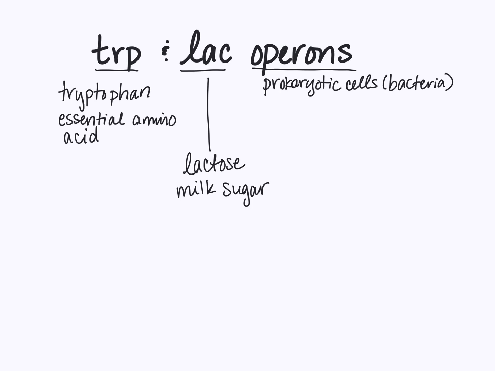One reason why we are focusing on these two particular examples of operons is that the trp operon is a repressible operon. This means that the default is that it is on.